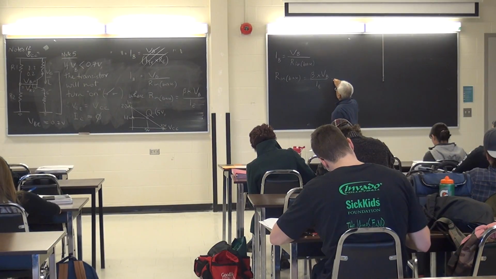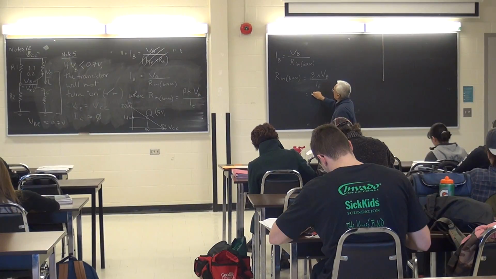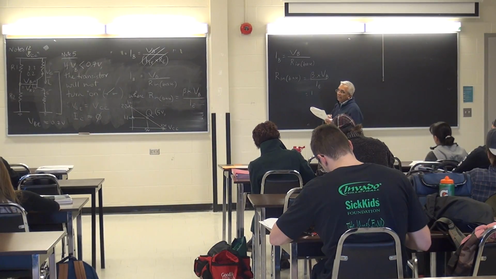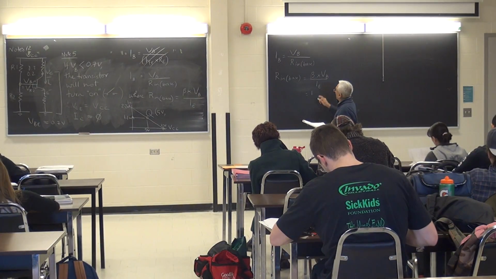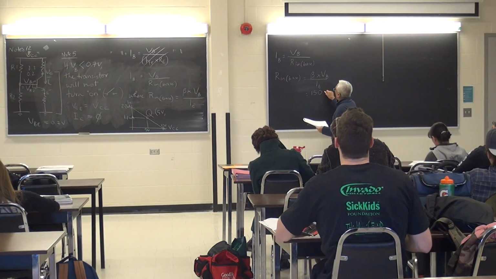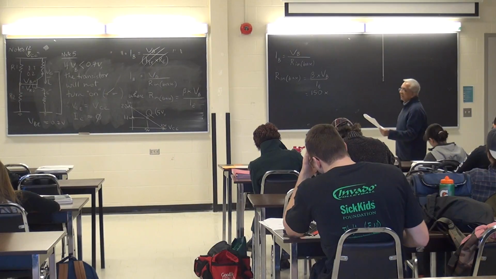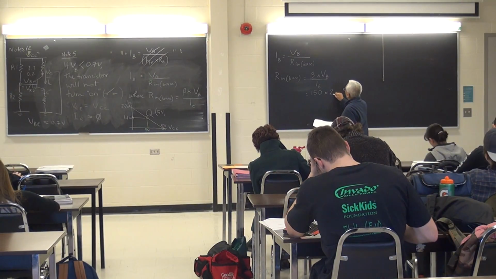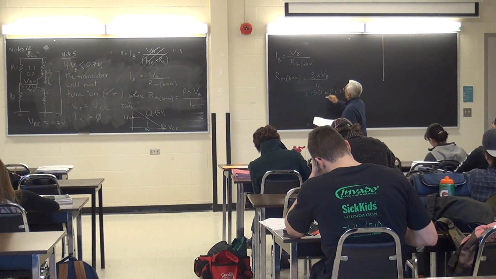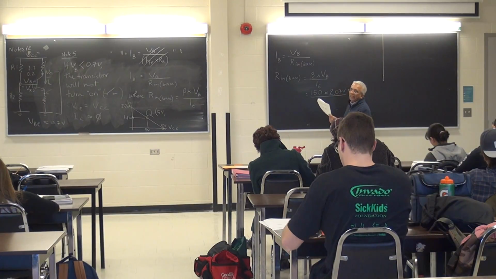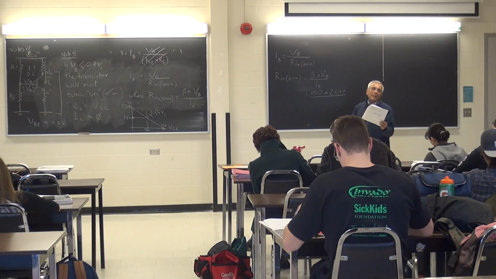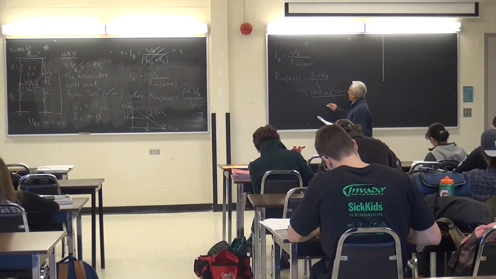So, how much was beta? Is it 100 or 150? 150. VB, I calculated, top of page 4. 2.07. IE, I calculated, third one down. 1.14.